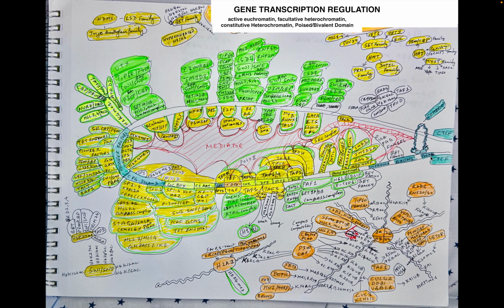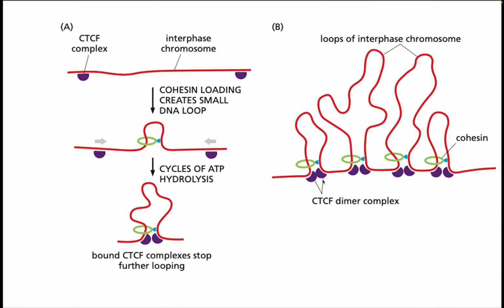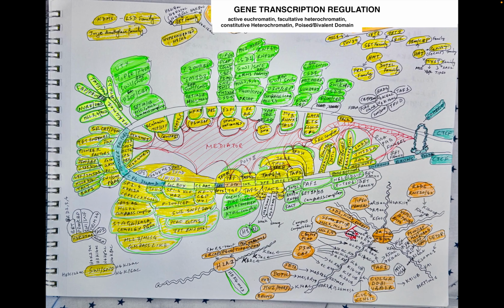Genes are in loops. The loops are closed by the CTCF dimer complex, which is a CCCTC sequence binding factor. And then we have a cohesin, and there can be multiple related genes in it. So here we have the cohesin CTCF, and then we have the gene.